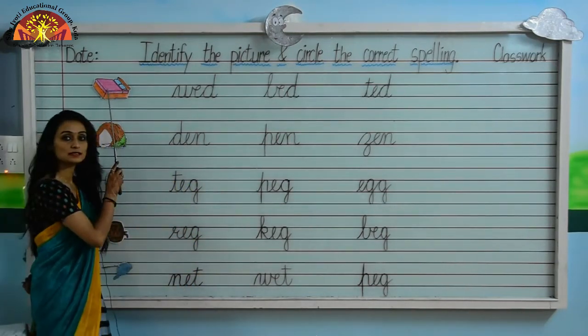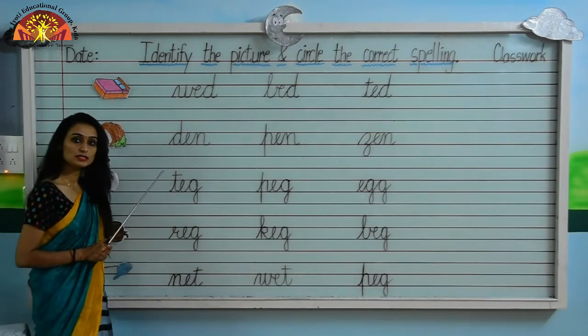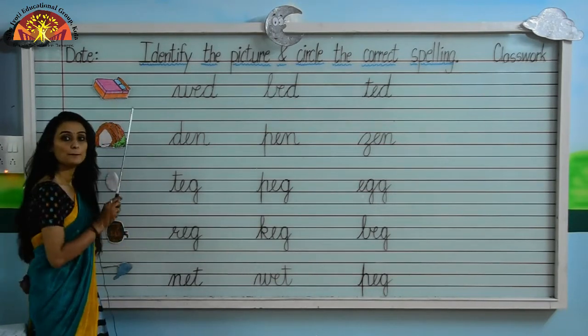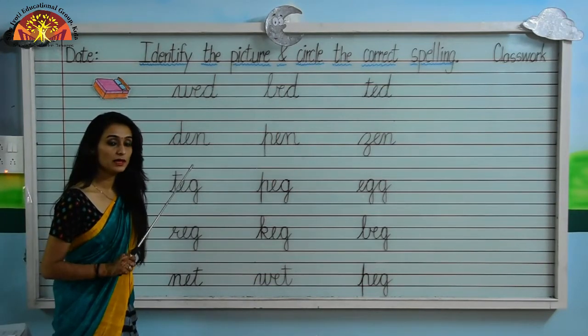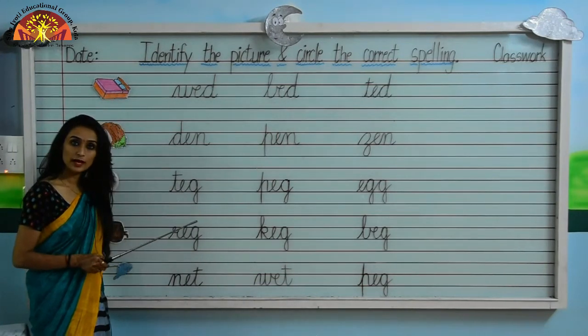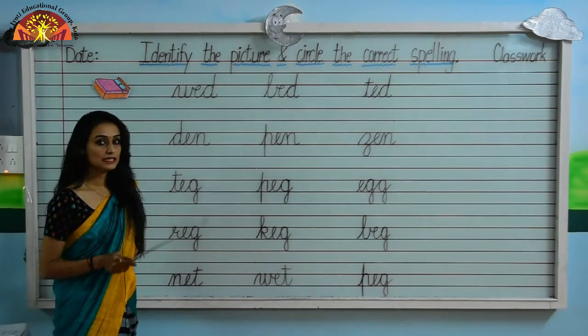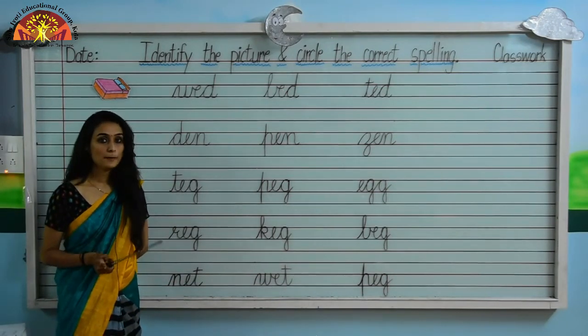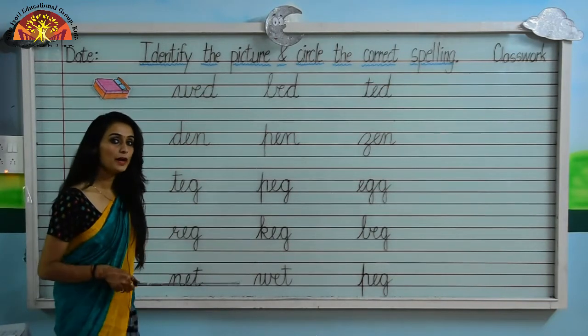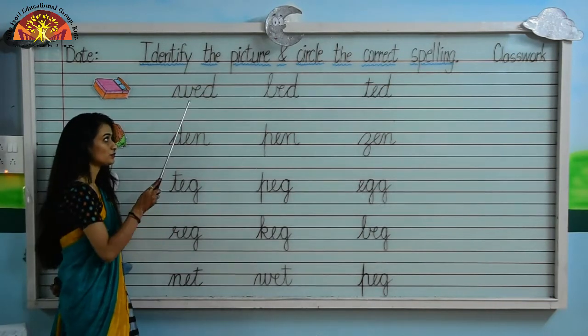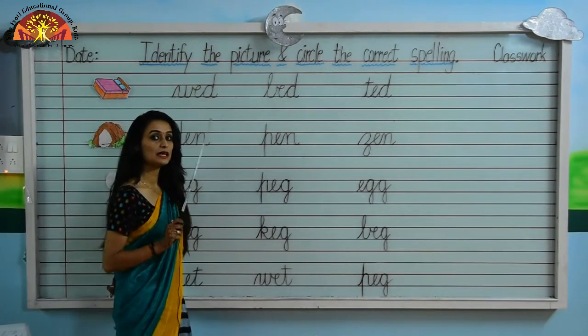What is this? Yes, tell me fast, what is this? This is bed. And what is the spelling of bed? The spelling of bed is B-E-D. Bed. So now we have to find out which one is the correct one.